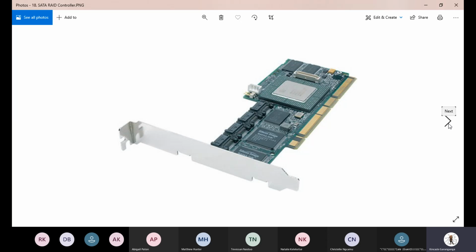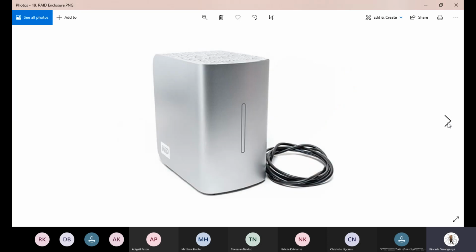And then when you're looking at an enclosure that can accommodate RAID, with the multiple drives we were talking about earlier on, you've got something along these lines. So that's your typical example of a Western Digital RAID enclosure, which has your multiple drives incorporated there.